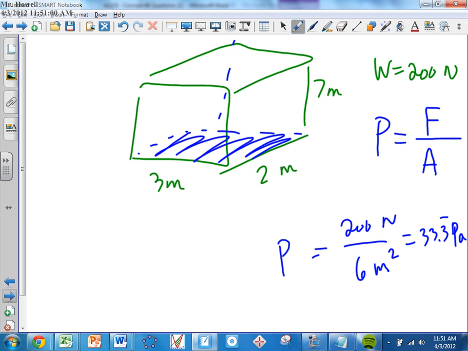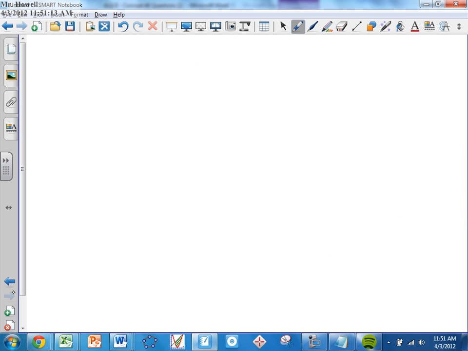If you want to write it as kilopascals, move 1, 2, 3 spots. Either way is fine. But some problems are going to be atmospheric, and it's given in kilopascals. So if the problem is given in kilopascals, you're going to have to use kilopascals.